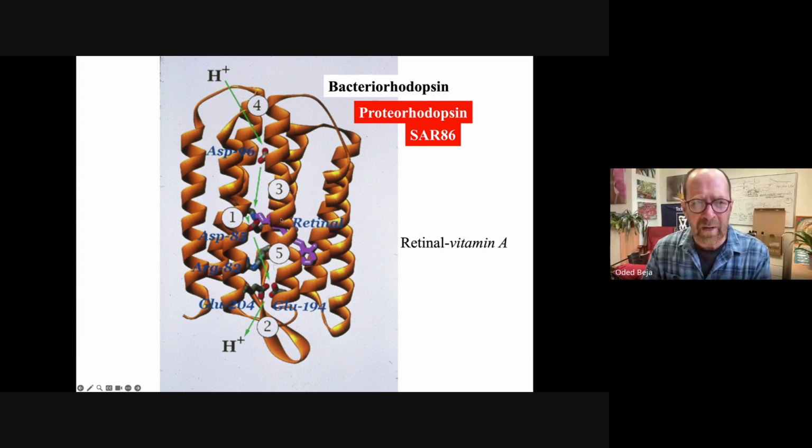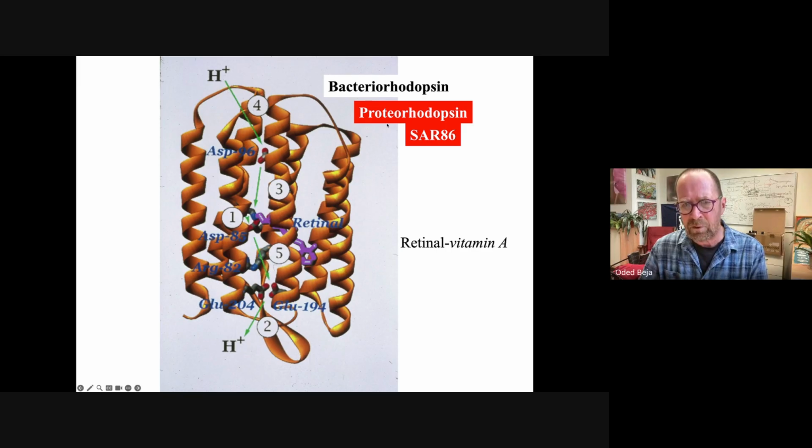So this open reading frame was coding for something that did look similar. It was somewhat similar to bacteriorhodopsins. Bacteriorhodopsins were found in the 70s in Haloarchaea, and those are actually proton pumps. But our discovery was actually the first microbial rhodopsin in an abundant bacteria.